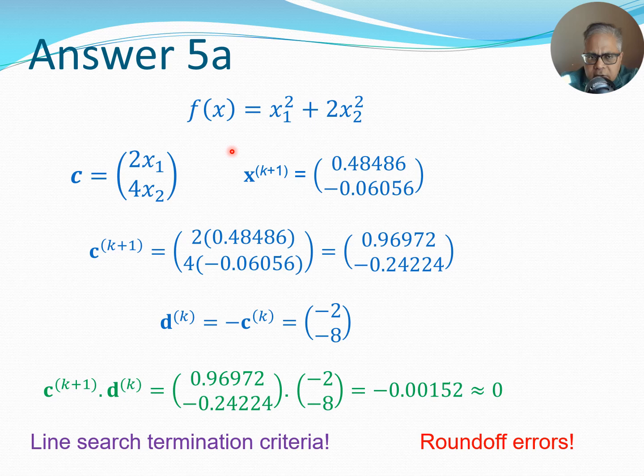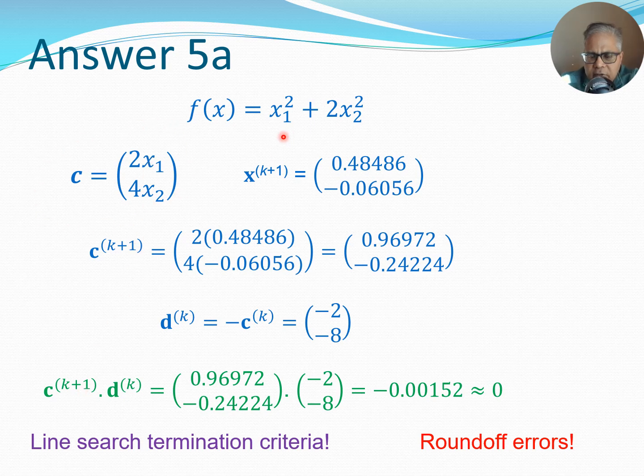Now let's look at the second question, which was looking at the line search termination criteria. The line search termination criteria is given by ck plus 1 dot dk. So we have to obtain these two measures. dk of course is known as negative ck, which is minus 2 minus 8, but we have to calculate ck plus 1. Now remember, c is given by 2x1 4x2.